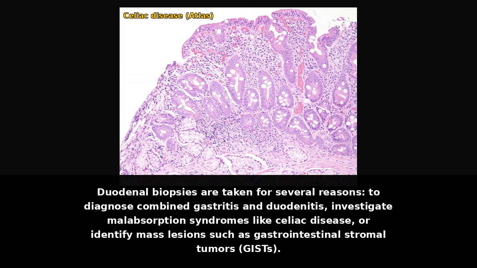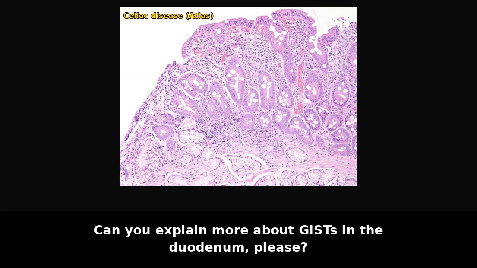Duodenal biopsies are taken for several reasons. To diagnose combined gastritis and duodenitis, investigate malabsorption syndromes like celiac disease, or identify mass lesions such as gastrointestinal stromal tumors, GISTs. Can you explain more about GISTs in the duodenum, please?